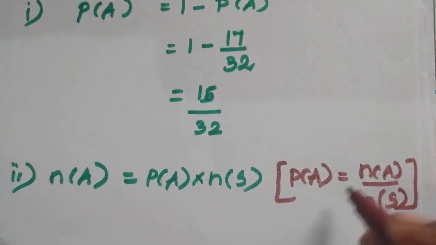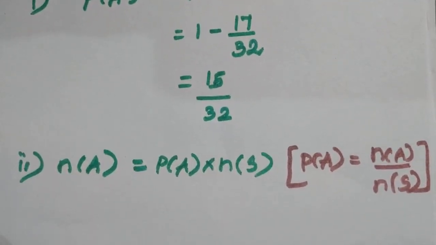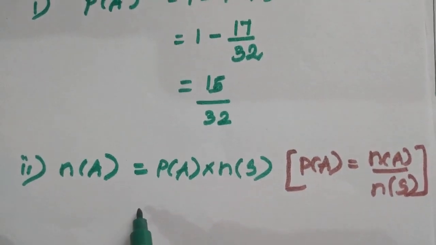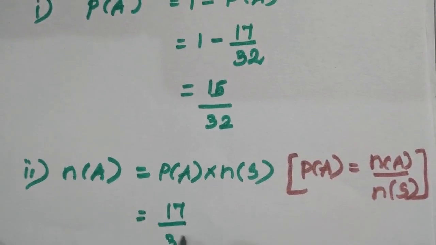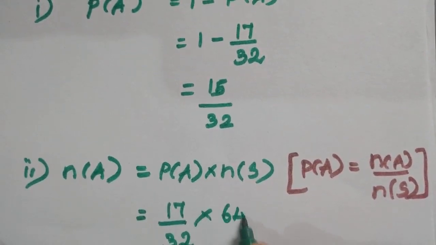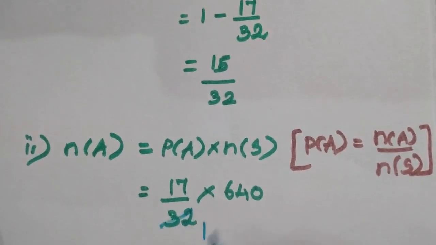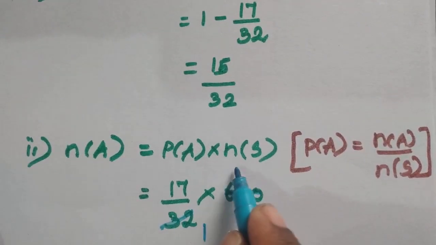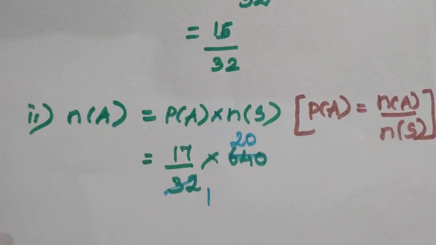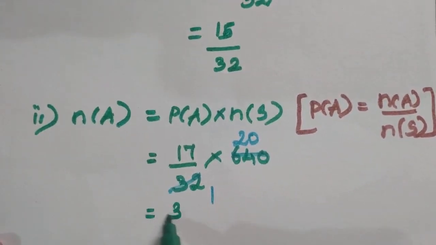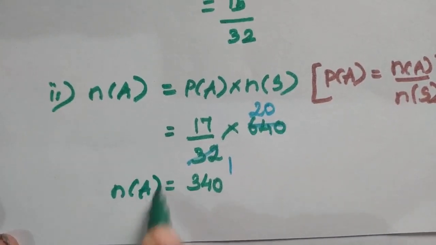N of A is equal to P of A into N of S. P of A was already found, that is 17 by 32, and N of S is 640, that is given in the question. Now you have to cancel. 1 32 is 32, 2 32s are 64. Here one 0 is there, you can add this 0 here. So what's the value of 17 into 20? It's 340. N of A is equal to 340.